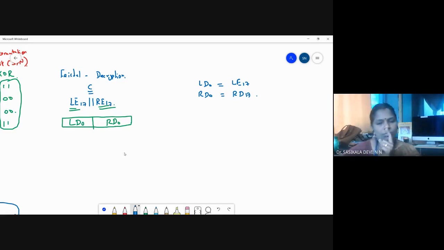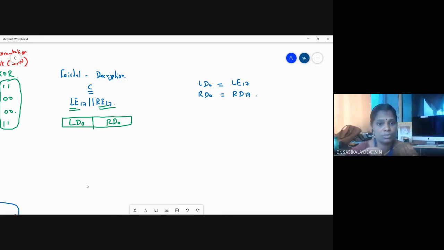One more thing: in symmetric cryptography, encryption and decryption use the same hardware. The only difference is that the sub-keys are applied in a different manner. If you give plain text as input, it produces ciphertext as output. If you give ciphertext as input, it produces plain text as output. There is no separate hardware for encryption and decryption; the same function is used for both. So the first round should not be a swapping round.